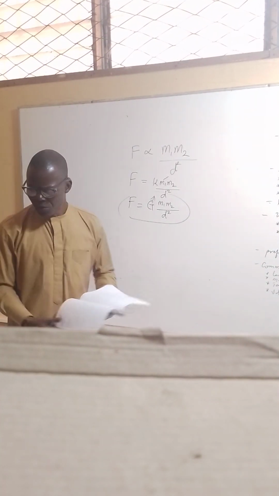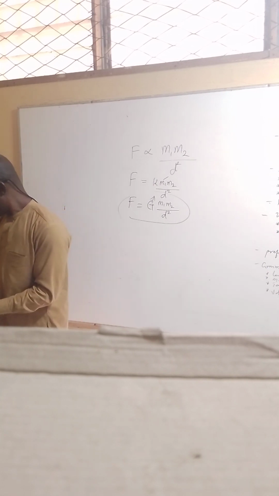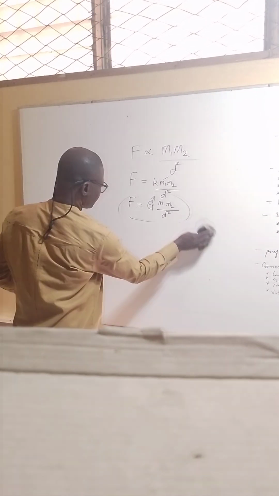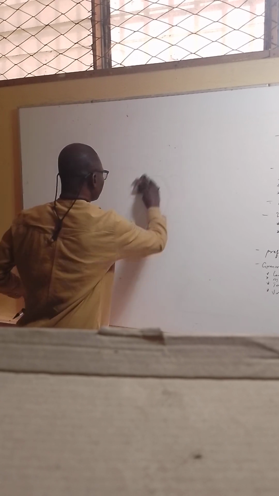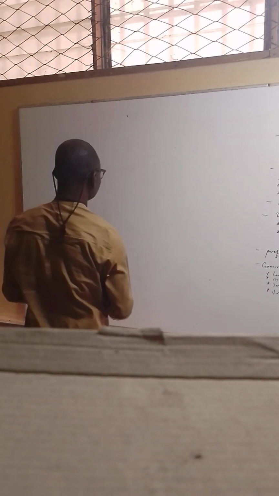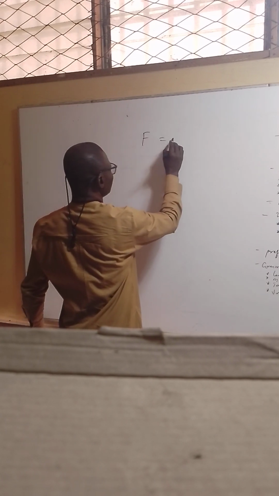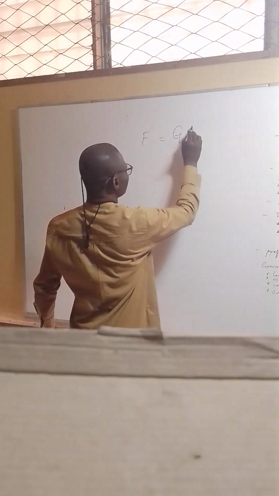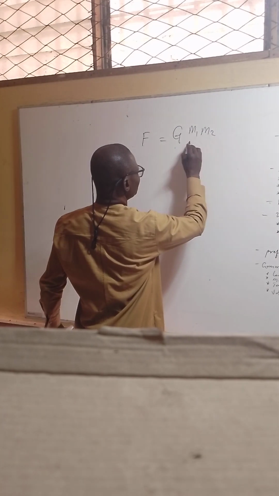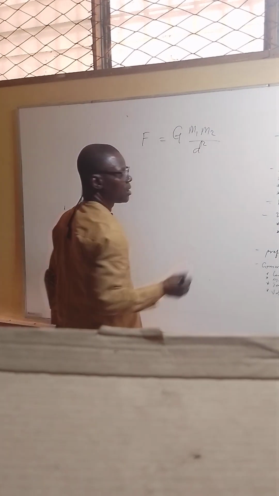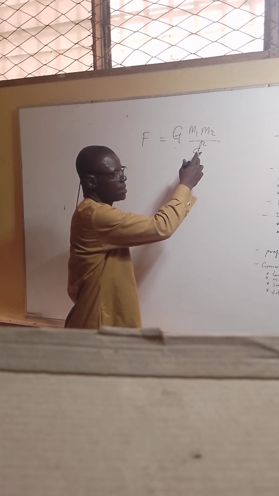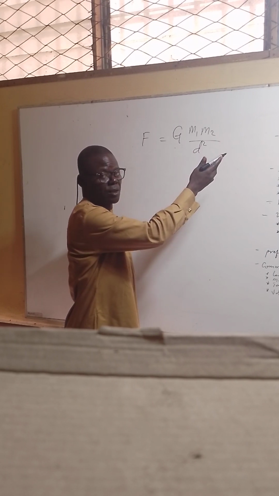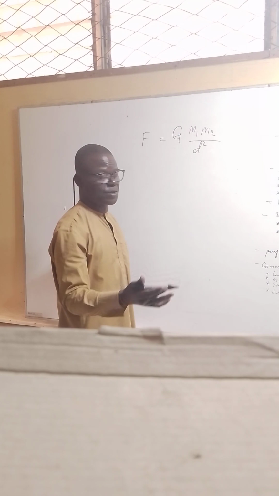And from here, in simple mathematics, we see that force is equal to G M1 M2 over D squared. In some texts, some people use R, R squared, which is the radius or the distance between the two bodies.